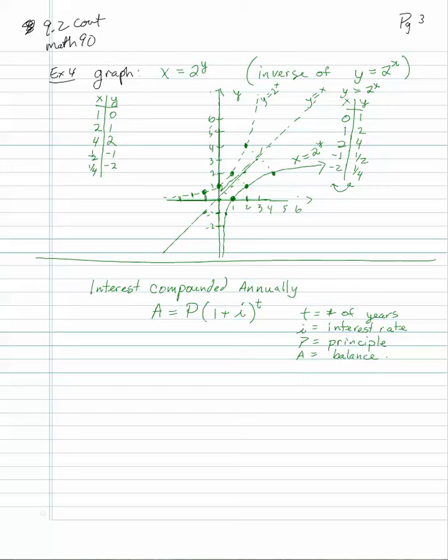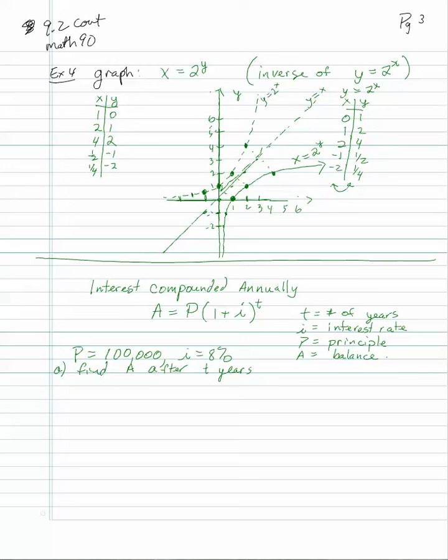Okay, so we're going to say principal is 100,000. I is 8%. Find the amount, find A, after T years.